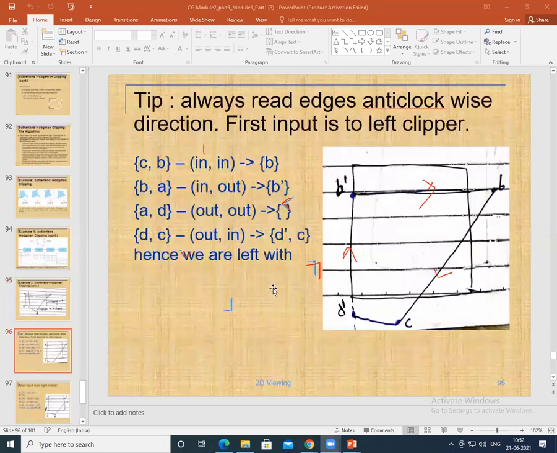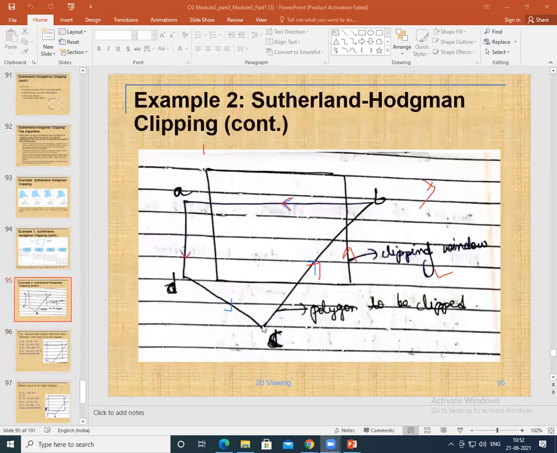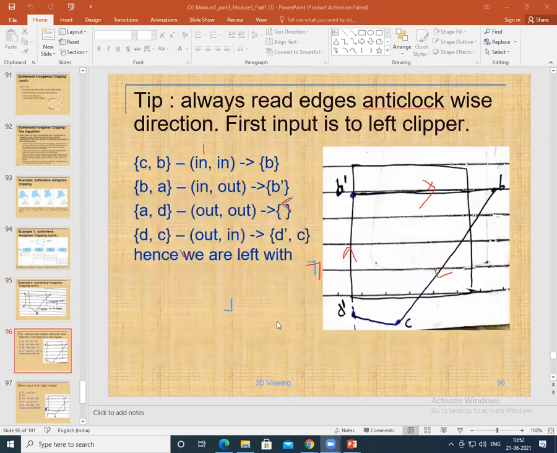When you come across a left clipper, always read the edges anti-clockwise. First, the input to the left clipper. What is the input to the left clipper? The input to the clipper is, as I said, CB, BA, AD, DC. Once again, CB, BA, AD, DC in anti-clockwise direction.